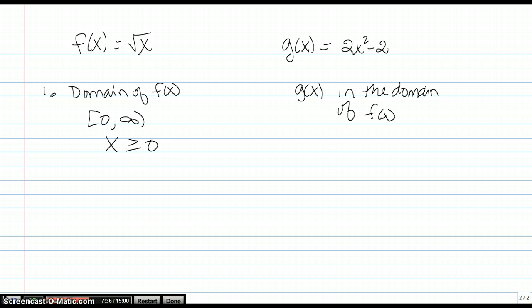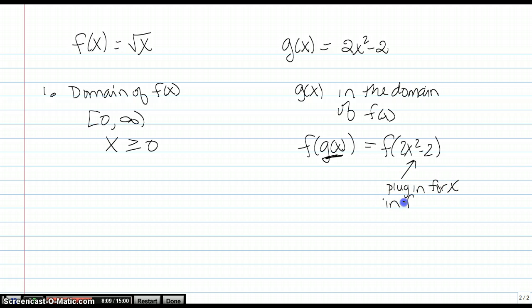And then what we're trying to do is take all the y values of g of x and see that they're in the domain. Well, in a composition, when you're doing f of g of x, this is telling you to take g of x and plug it in for x, for the f function. Well, g of x is 2x squared minus 2, so they're saying plug that in for x in f of x.